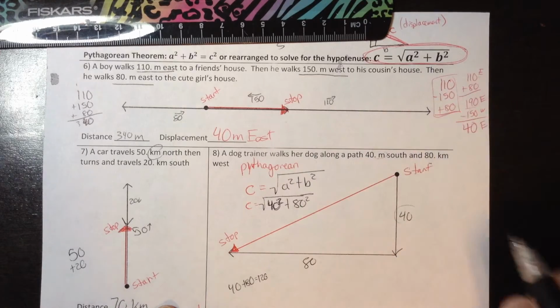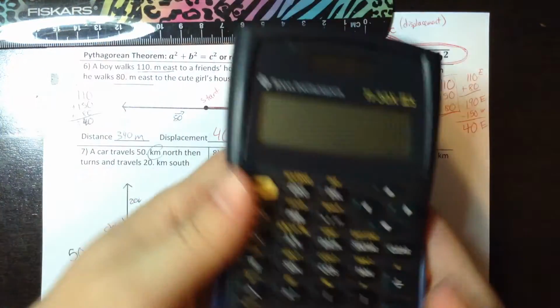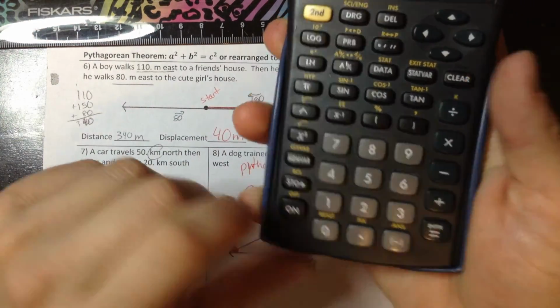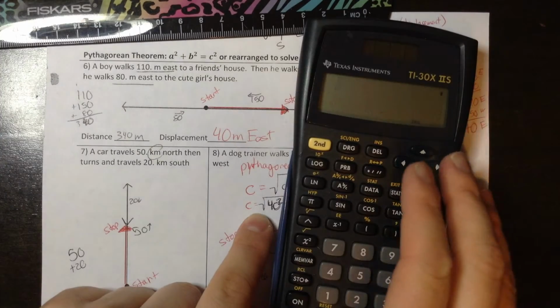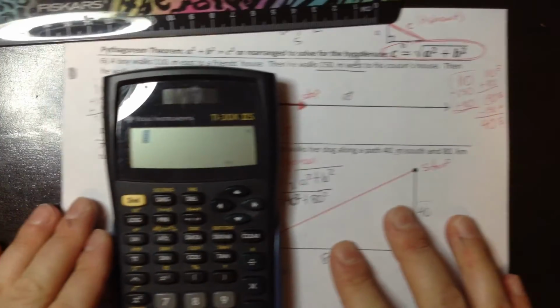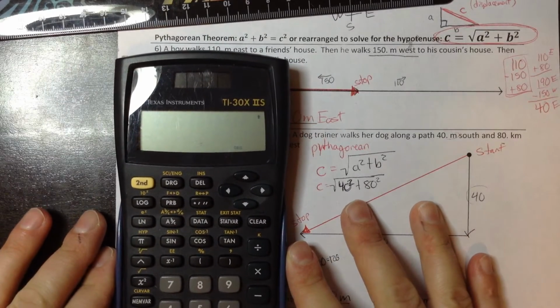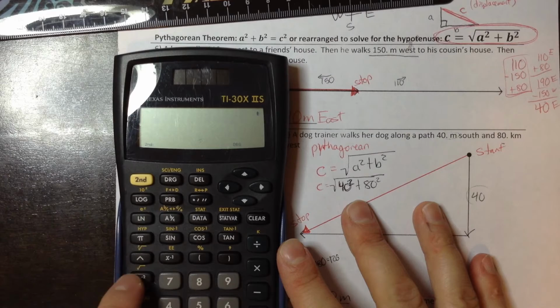Now, putting this in the calculator. This is what you've got to know how to do. Calculator's on. For the square root symbol, hit the second button and come down here. You see that square root symbol above the x squared? There's the square root.